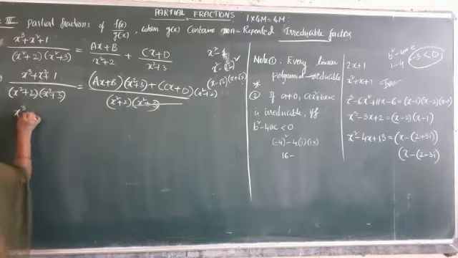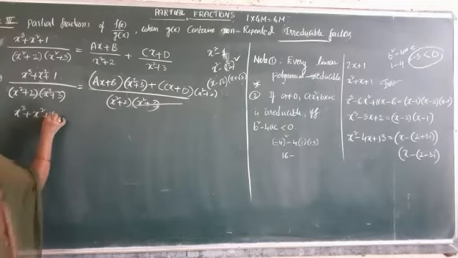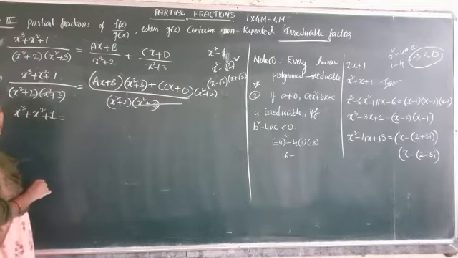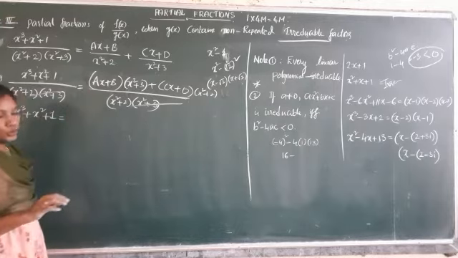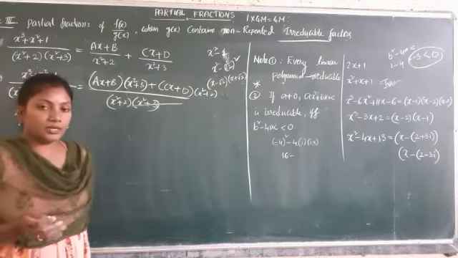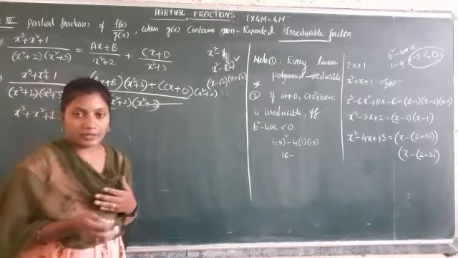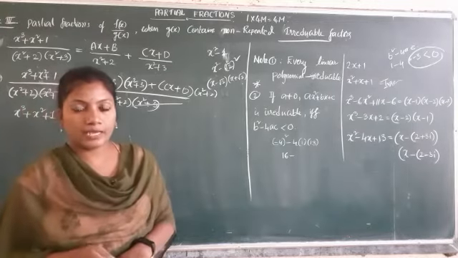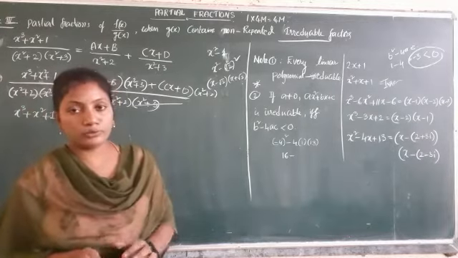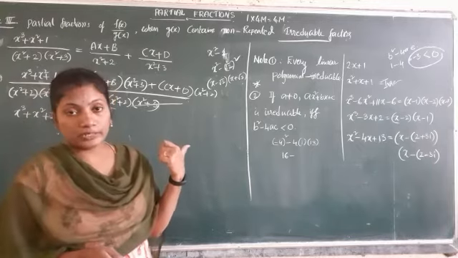Here x cube plus x square plus 1 is equal to, let us multiply it, because they don't have roots, right? If they are factorized into linear factors, we can substitute the roots as per rule 1 and rule 2. But here we won't get the roots.